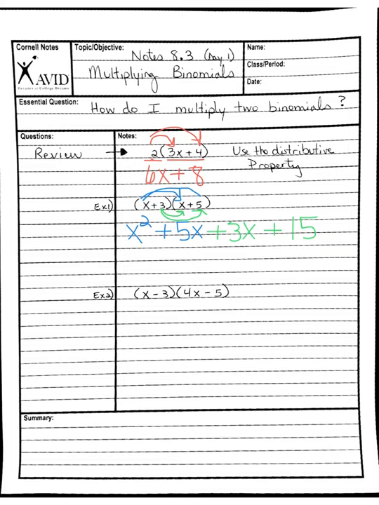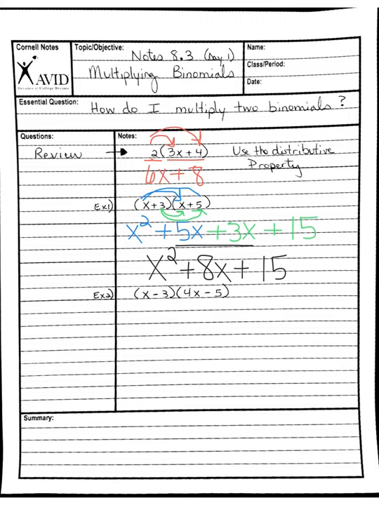Now we need to check and see, do we have any like terms? And we do. 5x and 3x can be added together and we get 8x. We bring everything else down, so we have x squared plus 8x plus 15. And that's it for that example. So again, we're just really applying the distributive property and multiplying by everything inside the parentheses.